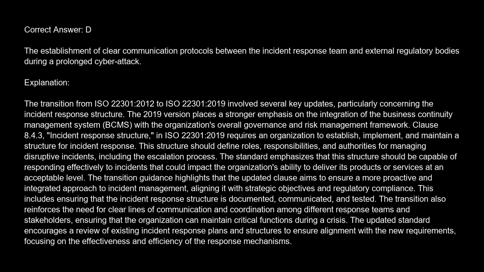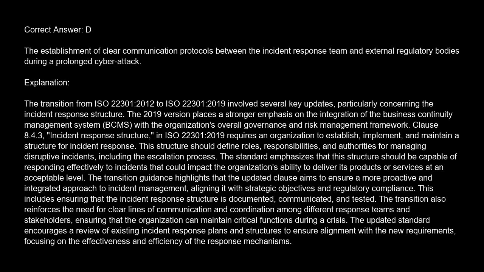Explanation: the transition from ISO 22301, 2012 to ISO 22301, 2019 involved several key updates, particularly concerning the incident response structure. The 2019 version places a stronger emphasis on the integration of the Business Continuity Management System, BCMS, with the organization's overall governance and risk management framework.